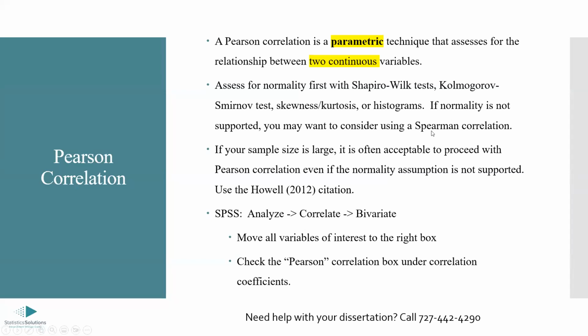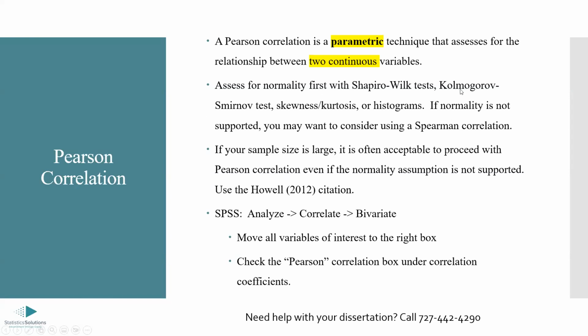They might say just disregard the Pearson correlation and go with the Spearman correlation. I tend to go with it as a backup. So I would still run a Pearson correlation and then report the Spearman as a backup to confirm the findings. If your sample size is large, then it's often acceptable to proceed with a Pearson correlation.